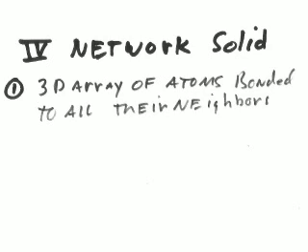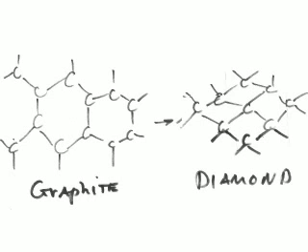Which brings us to what is a very special case, a network solid. And what's important about a network solid? What makes a network solid is it's a 3D array of atoms that are all bonded to all of their neighbors. That is, it's an extended array of bonding.